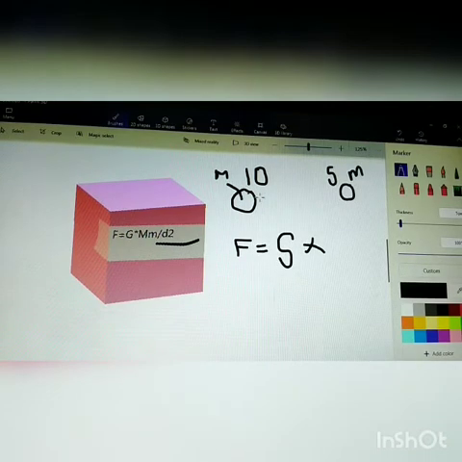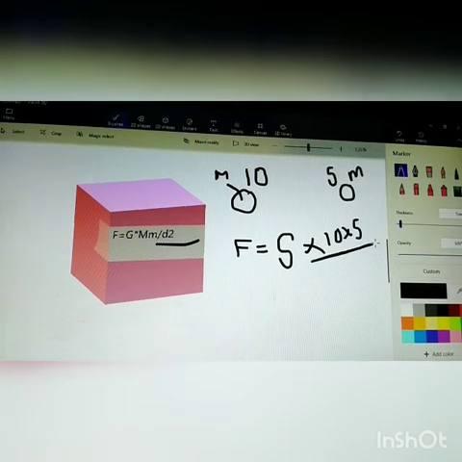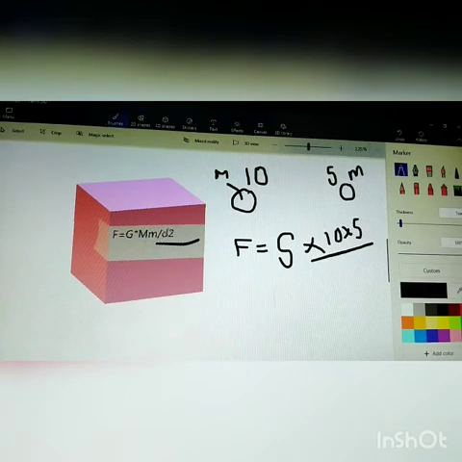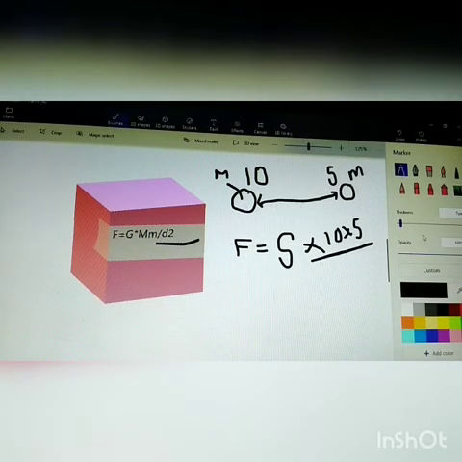Now we have to find the force, and the force is equal to, as per the formula, gravitation into the mass of the first object, that is 10 kg, into the mass of the second object, that is 5 kg, divided by distance squared. So what is this distance squared? The distance, d, is the distance between these two objects, and we square it. Let us assume that the distance between these two objects is 2 meters.